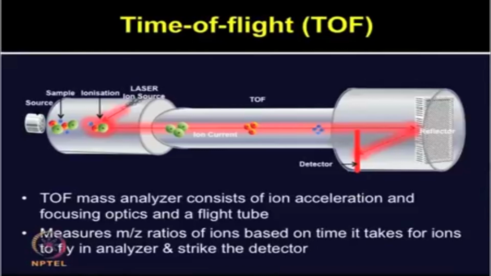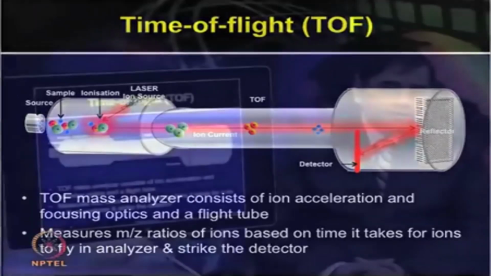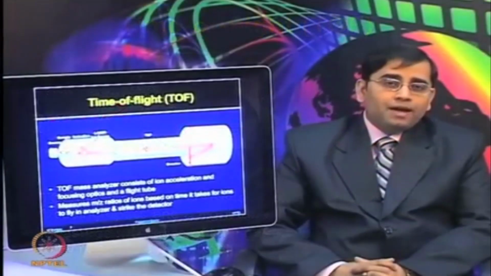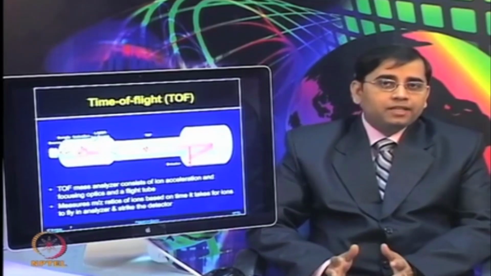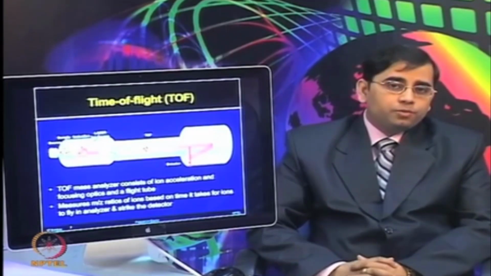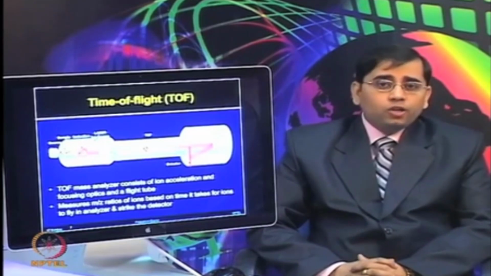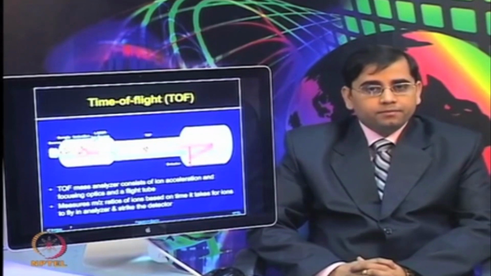This time of flight tube measures the mass to charge ratio of ions based on the time it takes for ions to fly in the analyzer and strike the detector. Now, the mass is exponentially proportional to the flight time, how much time it takes to travel in the time of flight tube. So, ions of lower masses are accelerated to higher velocities.